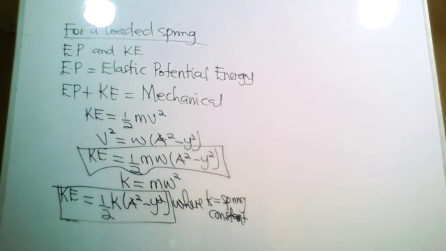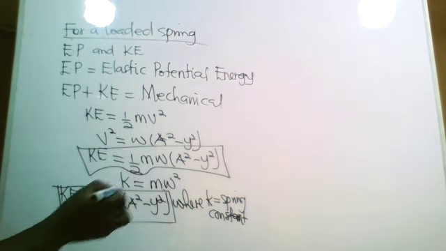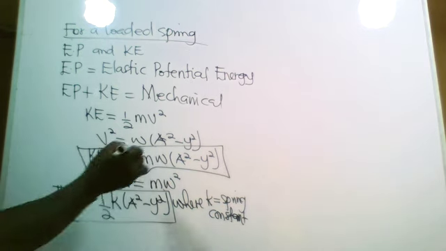A student asks why the omega in the first equation is not squared, and why K equals m omega squared. It is squared, it is squared.